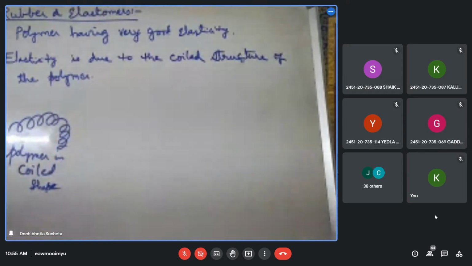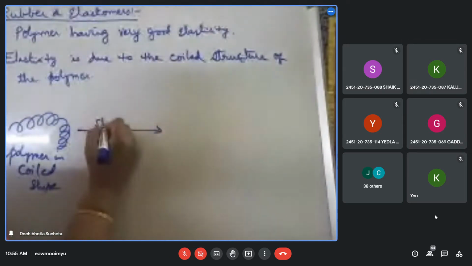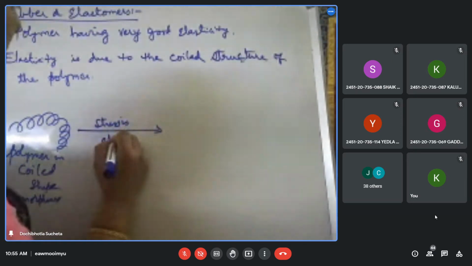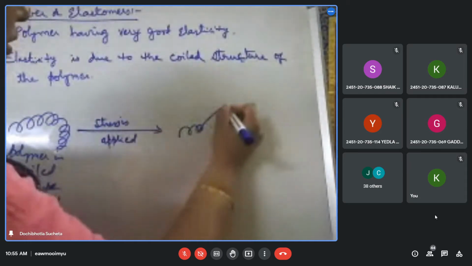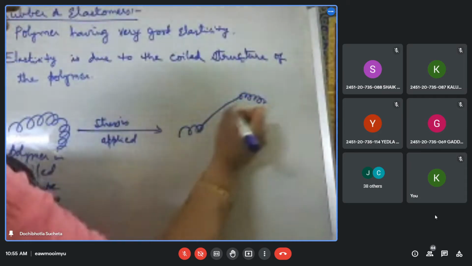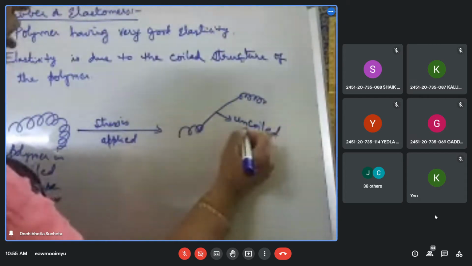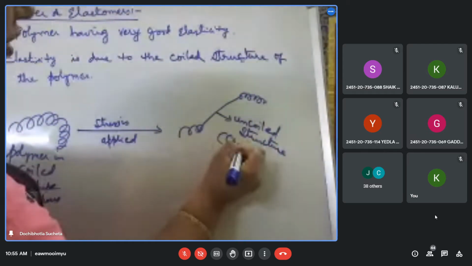Okay. When stress is applied, and this is amorphous in state. And when stress is applied, it undergoes uncoiling, uncoiled structure, and it is crystalline in nature.